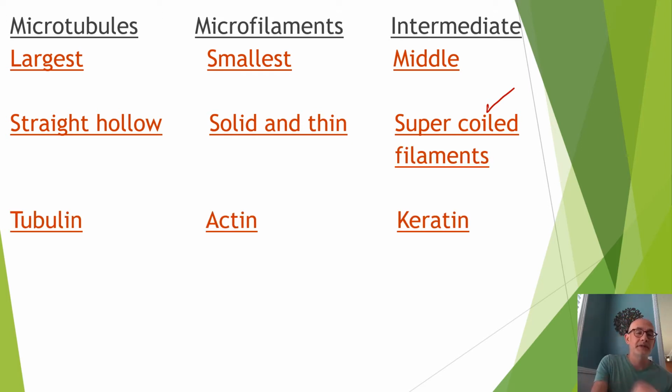And the proteins that make them up, tubulin for microtubules, actin, and then keratin. If you have heard of keratin, that's what is the main component of our skin. It is also what makes up hair and fingernails and feathers and scales. So that's the stuff that is our basic exterior for all of the higher vertebrates.